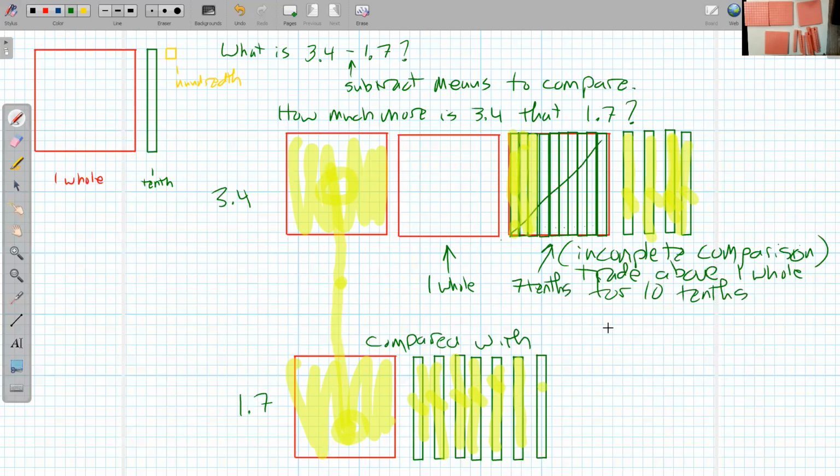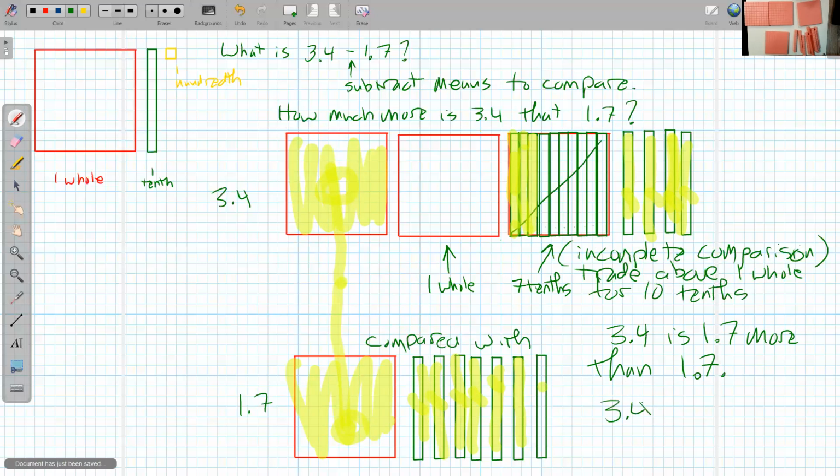So it looks like 3 and 4 tenths is 1 and 7 tenths more than 1 and 7 tenths. Or we could write it as 3 4/10 compared to 1 7/10 is also 1 7/10.